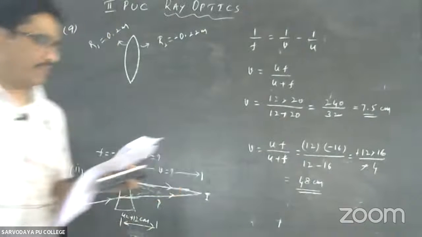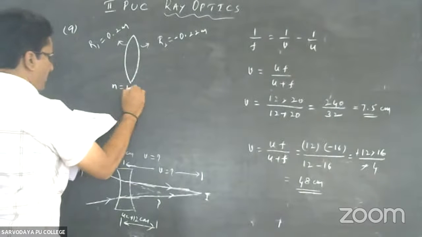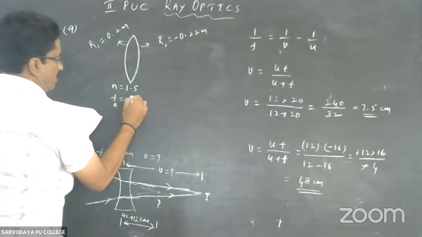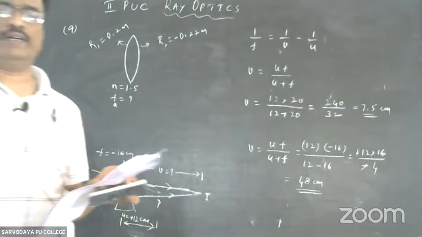Find the focal length of the lens if the refractive index of the material of the lens is 1.5. Focal length in air, we have to find.